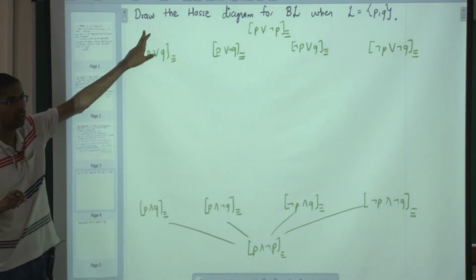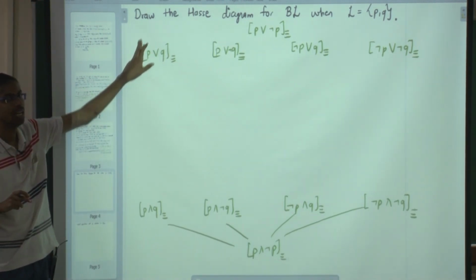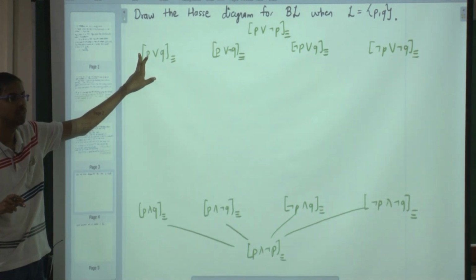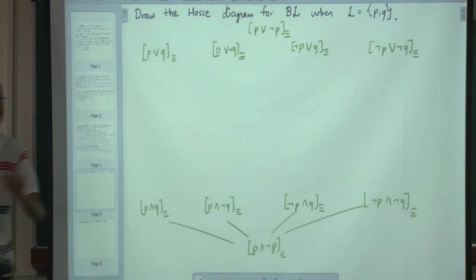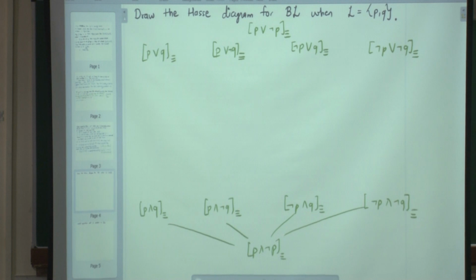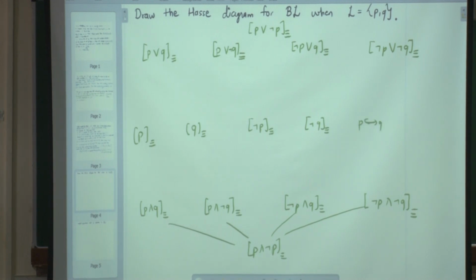How many for tautology? And how many for coatoms? 4 minus 1. Yeah. Okay. What are the middle formulas now? Okay, P, Q, then negation P, negation Q, P double implies Q, very good.